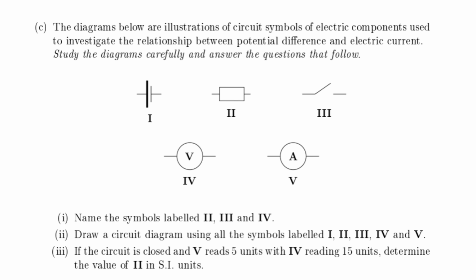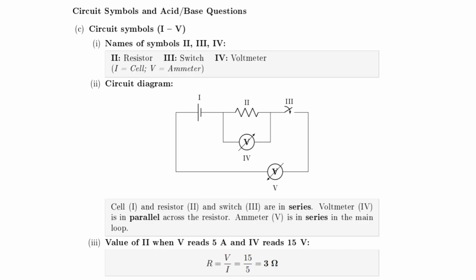Okay, so the circuit over there. II is a resistor, III is a switch, IV is a voltmeter, I is a cell, and V is the ammeter. The diagram over there is what I've provided. The cell, the resistor, and the switch are in series.